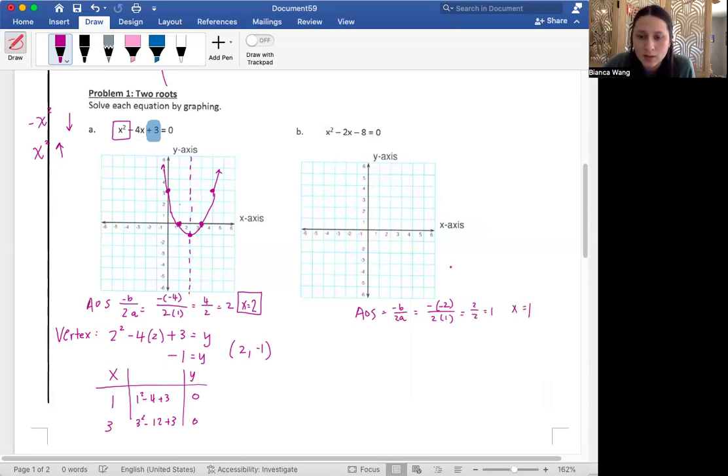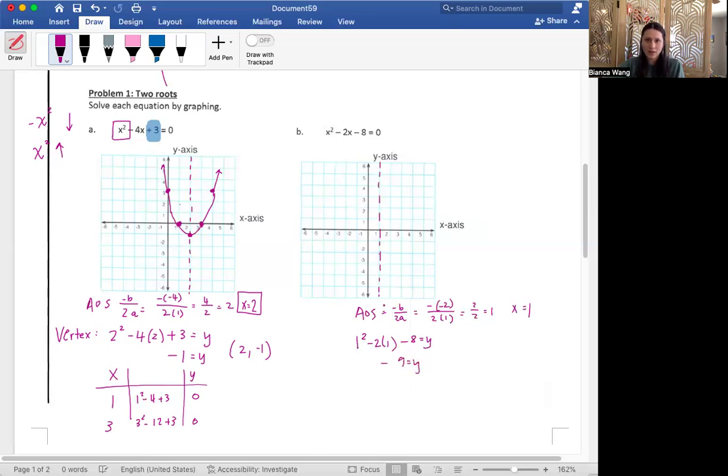So my axis of symmetry is going to be at +1. And then I'm going to plug in 1 squared minus 2 times 1 minus 8 to solve for y. When I plug this in, I get -9 equals y.